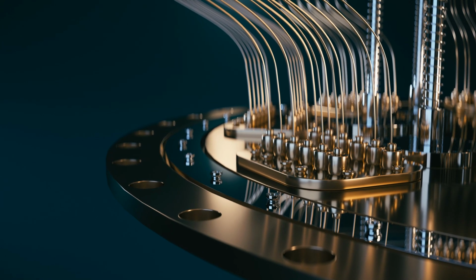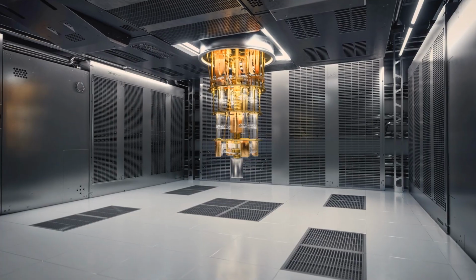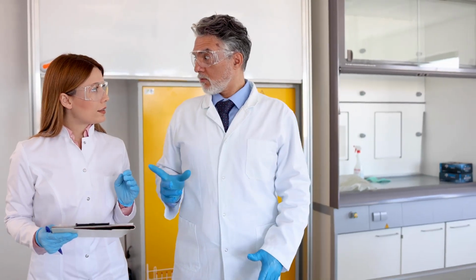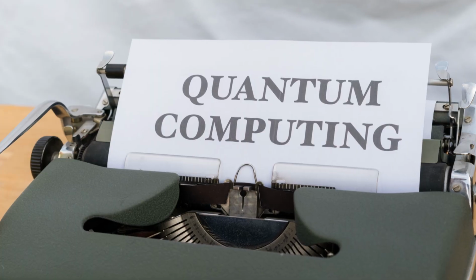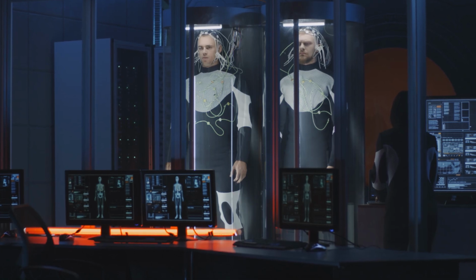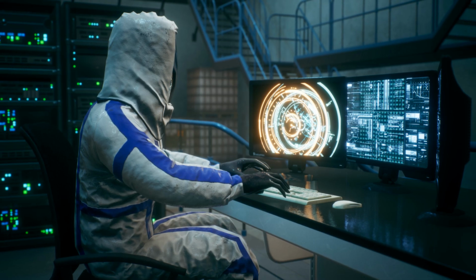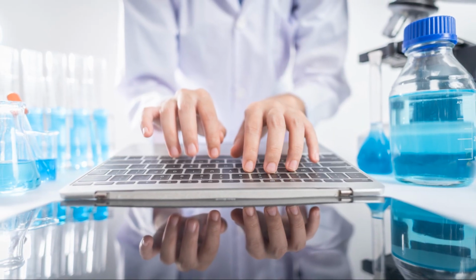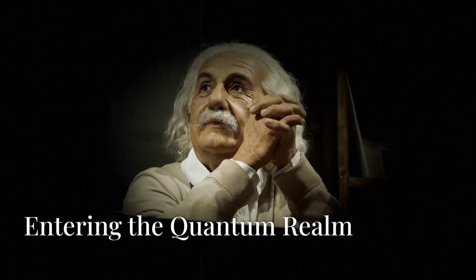Instead, a stranger, more counterintuitive set of rules governed these tiny particles: the laws of quantum mechanics. This is not just an academic curiosity, it's a fundamental limit to classical computing. To simulate the quantum world, to design new drugs or understand the fundamental nature of materials, we need a new kind of computer.